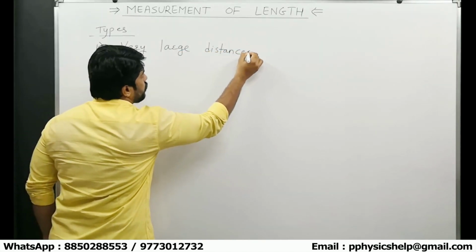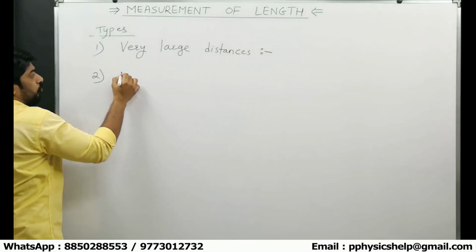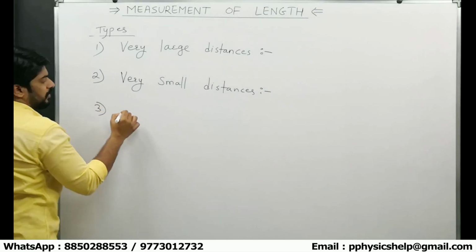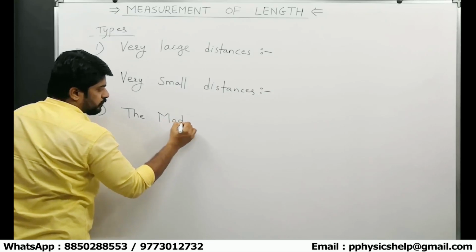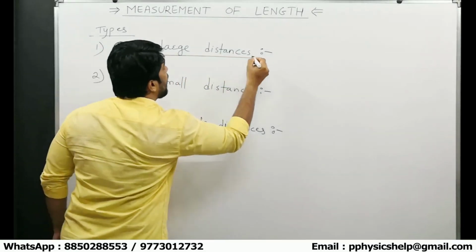I will elaborate, don't worry. The second being very small distances. And the third one being the moderate ones or the average ones.